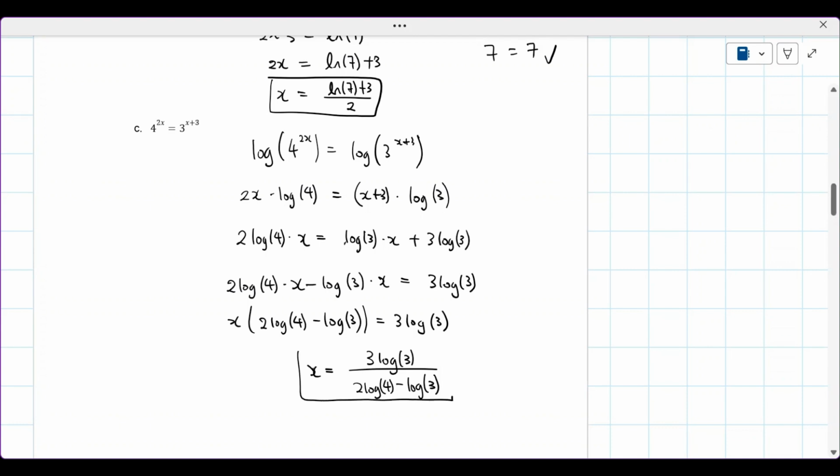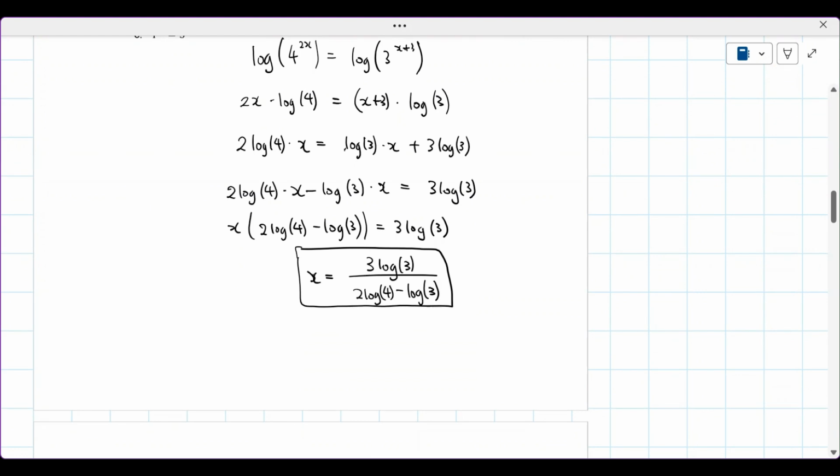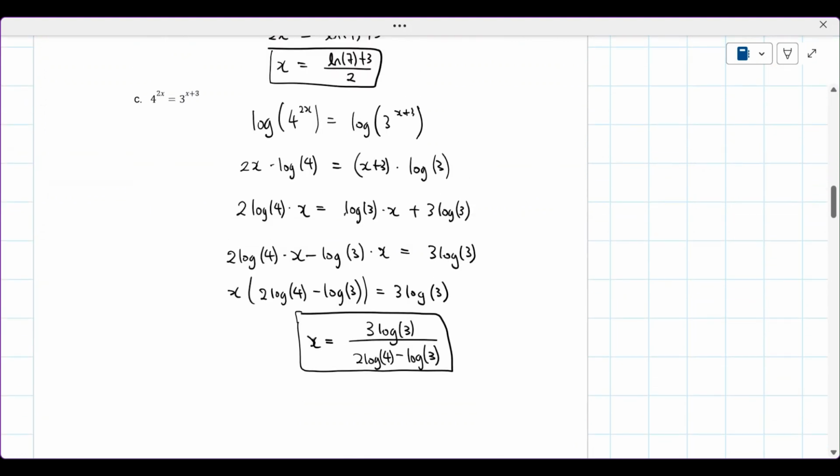If I wanted to, I can go a few steps further, but I don't think it'll be necessary in this case. It wouldn't give any useful information, so I'm going to pause here. Of course, you can plug into the calculator to check your answers.